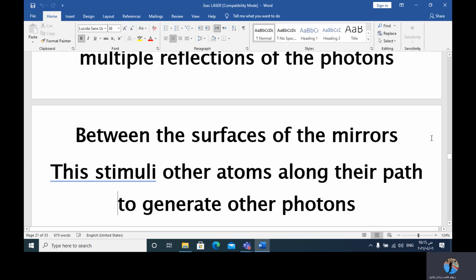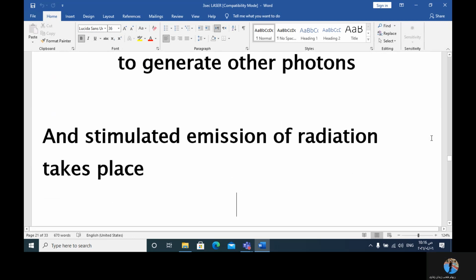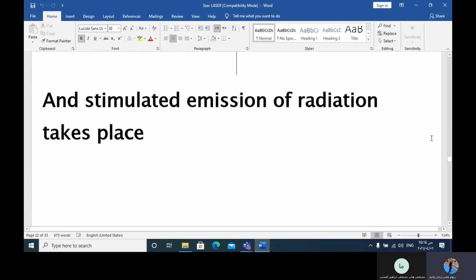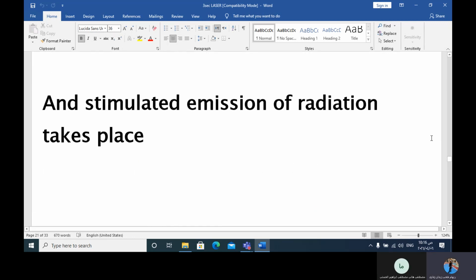They stimulate other atoms along their path to generate other photons. We mean by this action that when we have multiple reflections of photons, every one of them will stimulate other atoms in order to be excited. And stimulated emission of radiation takes place after this.